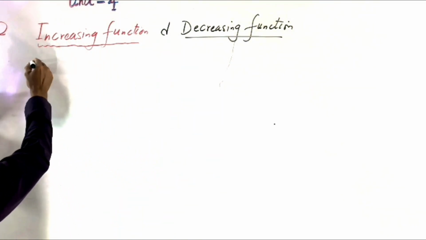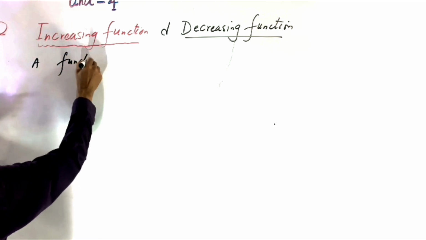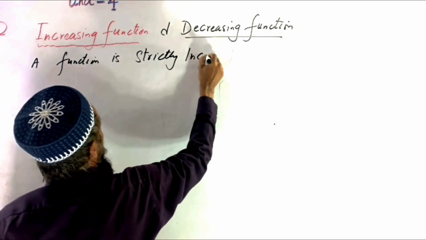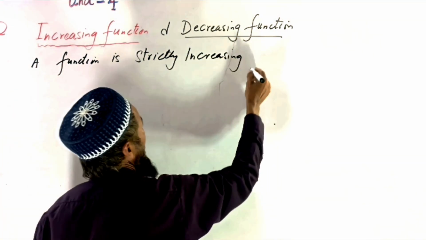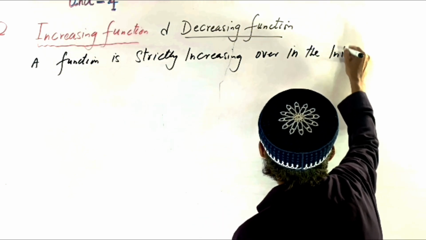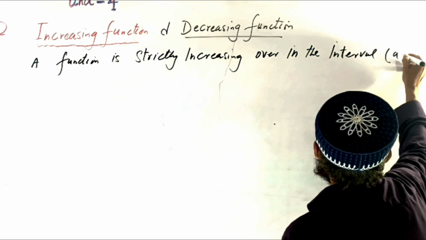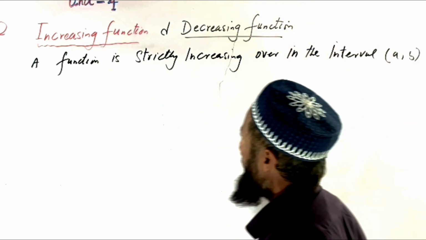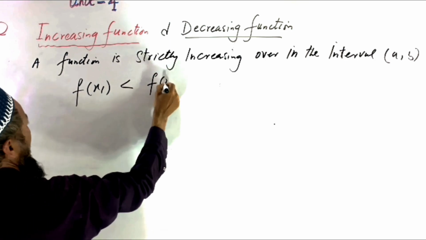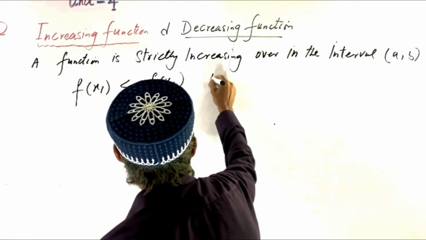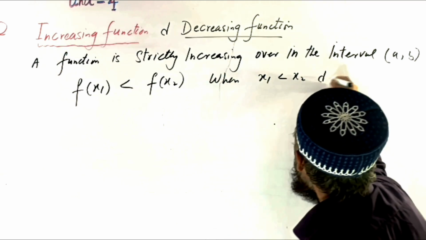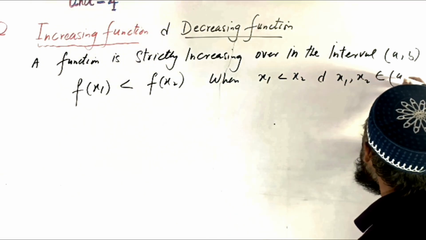For example, a function is strictly increasing over the interval [a, b] if the condition f of x1 is less than f of x2 is applied when x1 is less than x2, and x1, x2 belong to the interval [a, b].